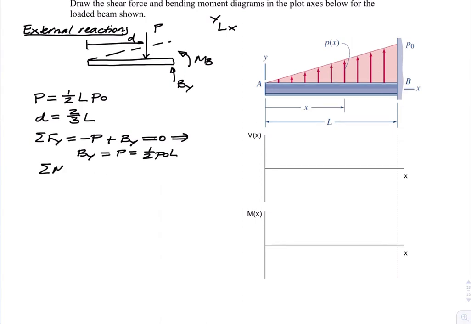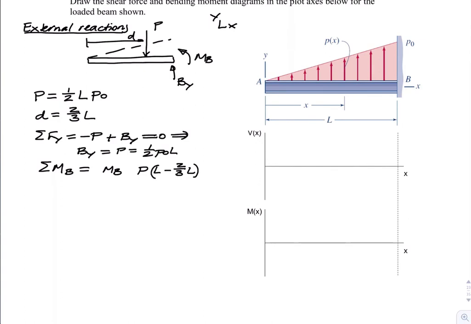Summing moments about B, what I have here is the bending moment due to the wall, that's MB. I've got P, its moment arm is going to be L minus D, so it's L minus 2/3 L. And that's going to be a plus sign there in front.